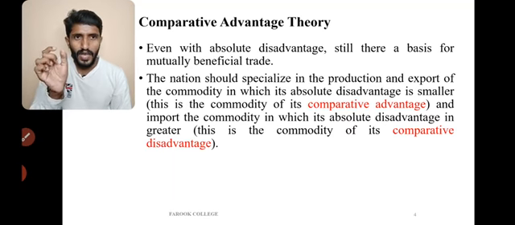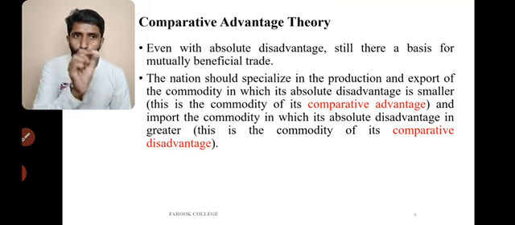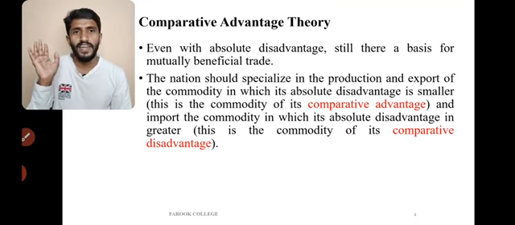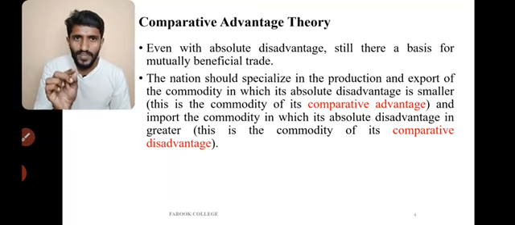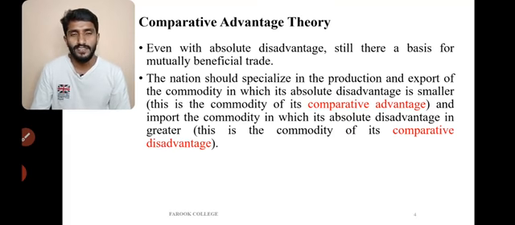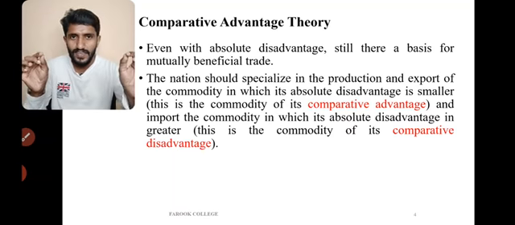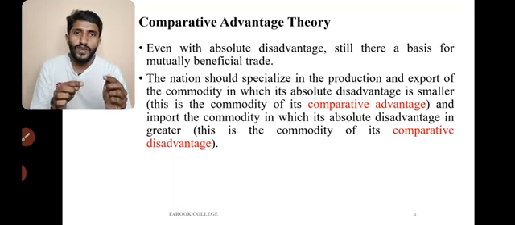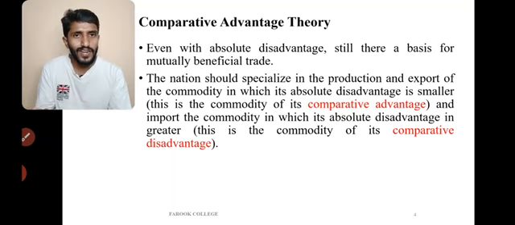So absolute disadvantage is smaller means it is a commodity of comparative advantage, and absolute disadvantage is greater means it is a commodity of comparative disadvantage. So Ricardo says if the comparative advantage is greater, they should specialize in it and they should export it. Okay, I hope this idea is clear.